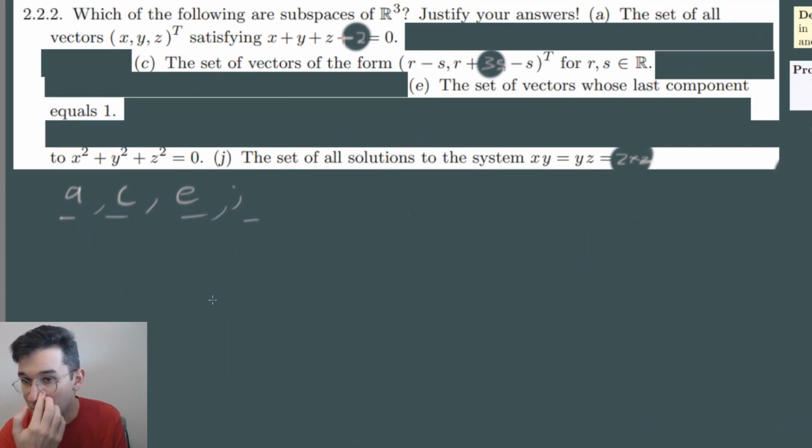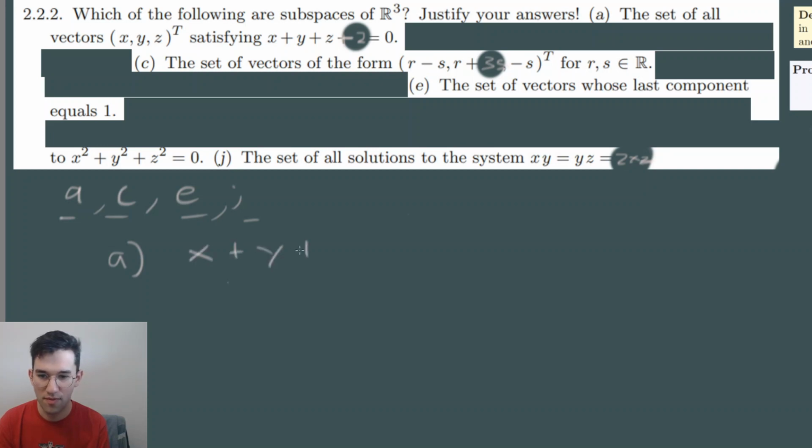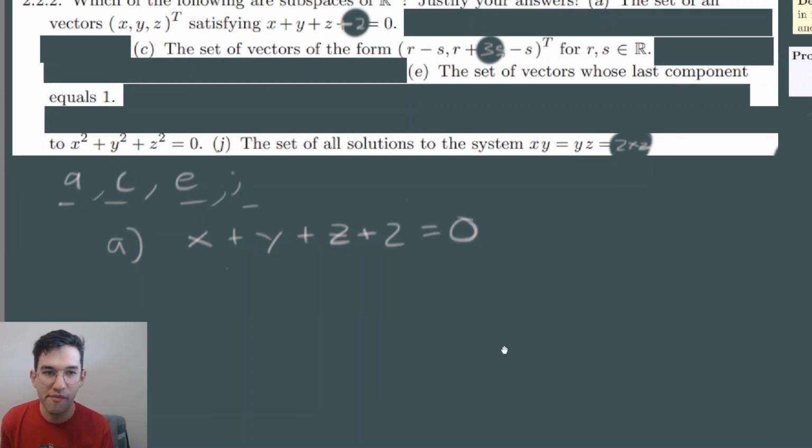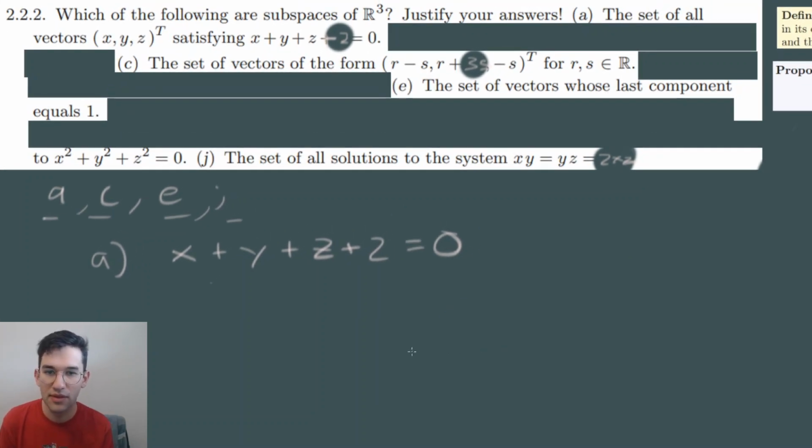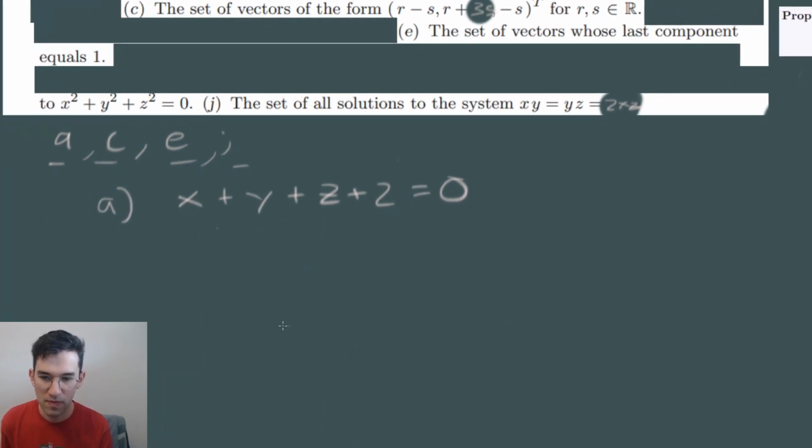Okay. The set of all vectors x, y, and z satisfying x plus y plus z equals -2. I included my own here just to make it different from the book. Is it a subspace? Well, we can think of plugging some elements in here and getting it to equal -2.